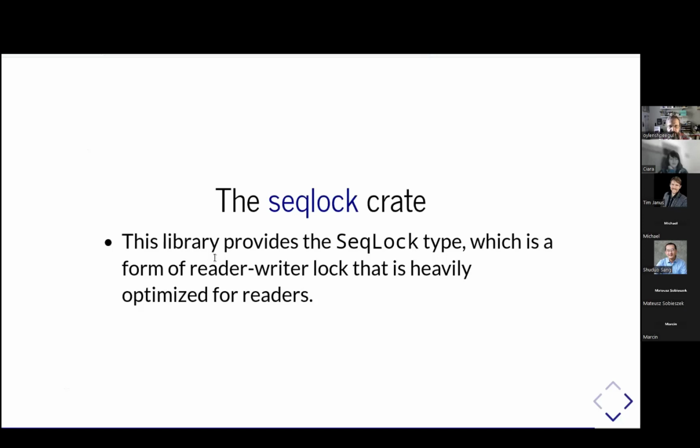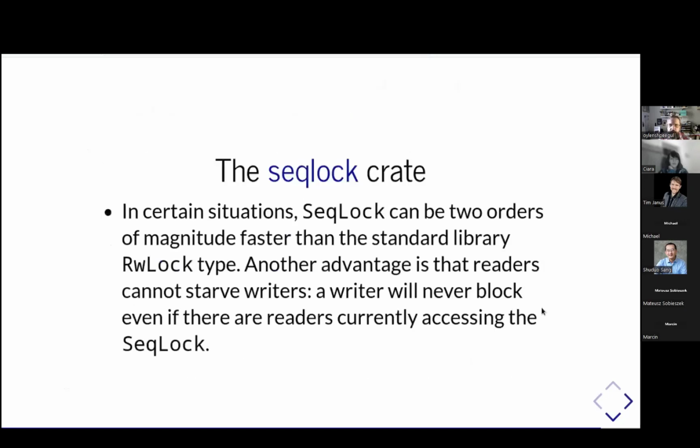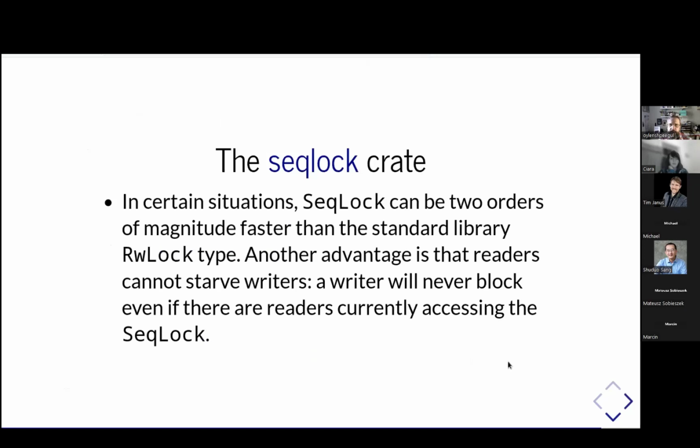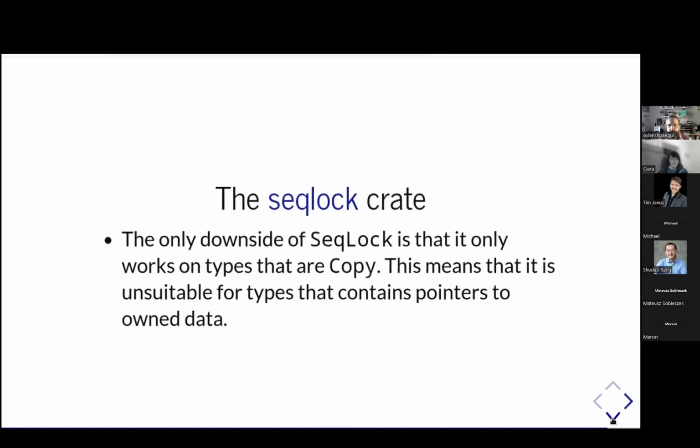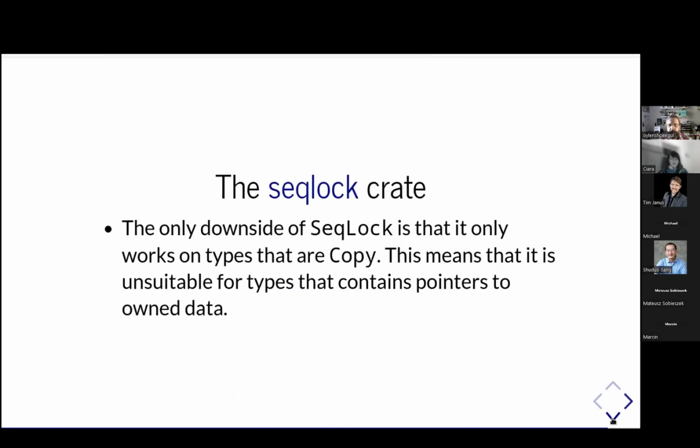So this text is pulled from the documentation for the crate. It gives you a seqlock type, and it's claimed to be faster than the standard library read-write lock. It only works for Copy types, so that's a potential downside.